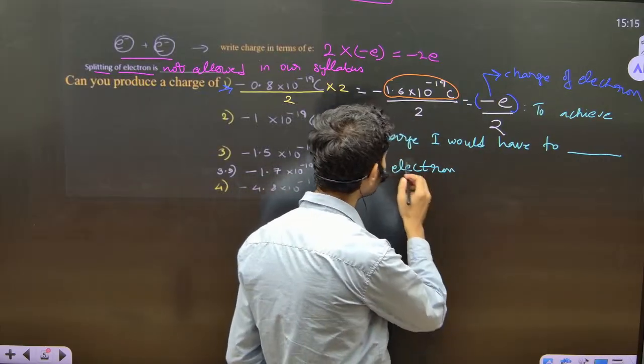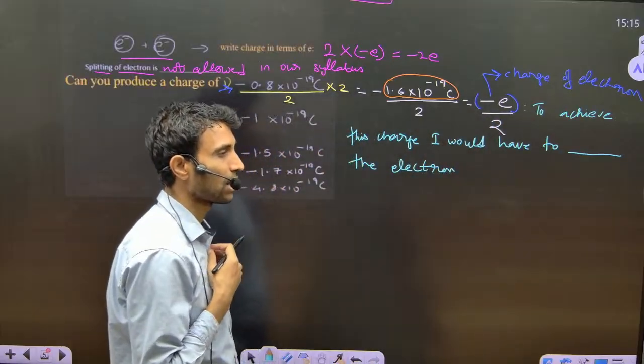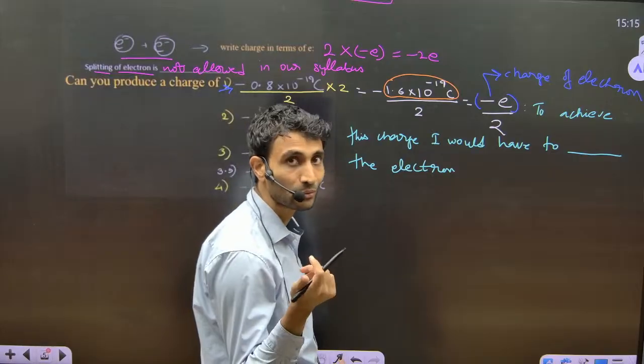So to achieve this charge, minus e by 2, what will I have to do to the electron? I'll have to split the electron.